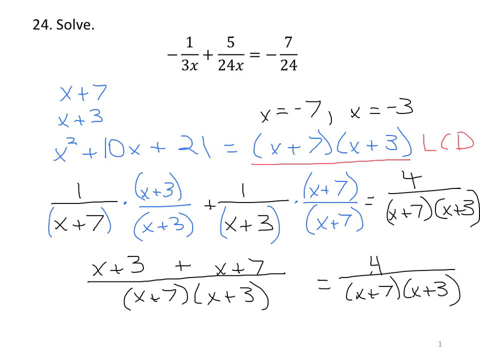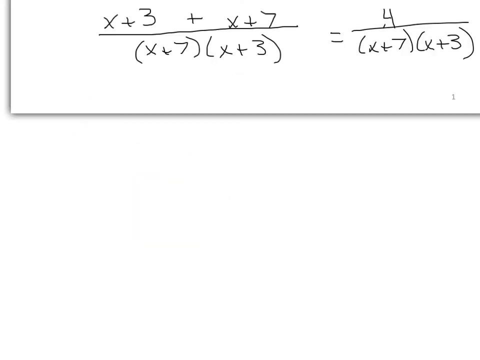So we write in set notation that x can include all values such that x does not equal -7 or -3. Having done that, we have no more need for our denominators, and since they're the same, we can cancel both of them on either side.